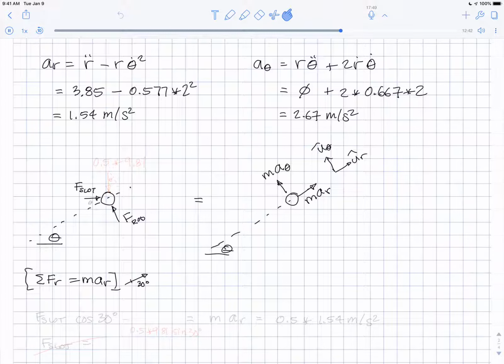So we've got F slot cos 30 degrees, because that's theta over there. The rod does not have a component in the r direction because the force from the rod is normal to the rod, equals m a_r.